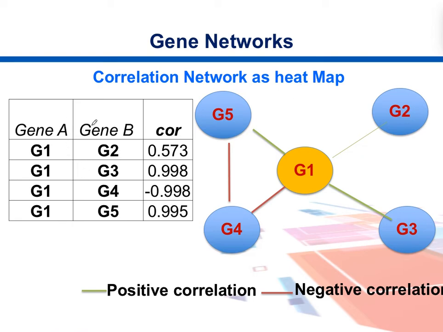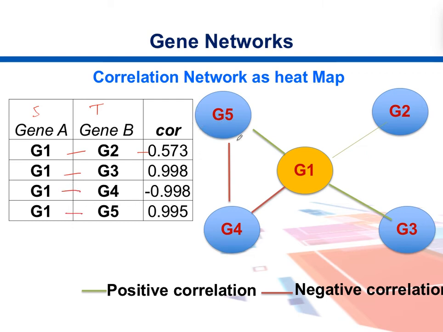So we have gene A, gene B, and then correlation. A means the first gene and B means the second gene, or we can also call them source and target, and correlation: source, target, correlation. G1 with G2 correlation is 0.573, then G1 with G3, G4 and G5.